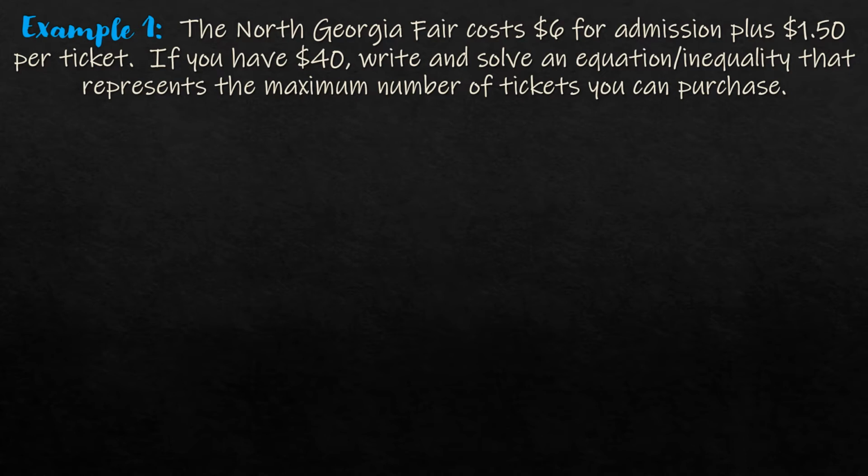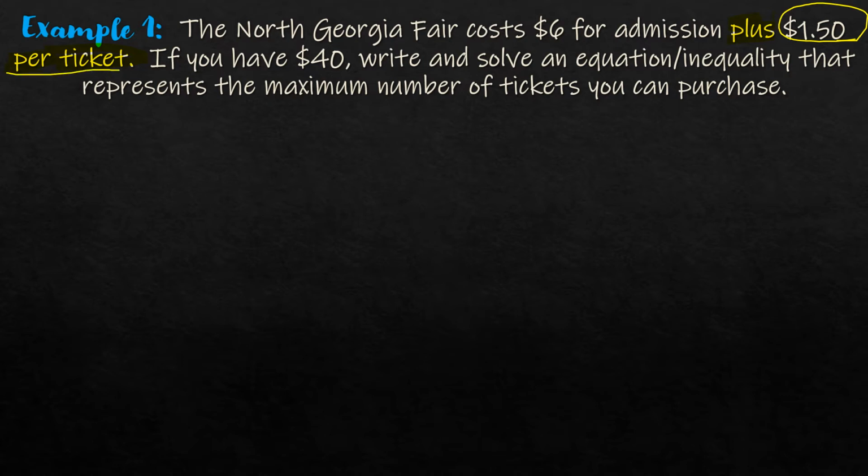Example 1, the North Georgia Fair costs $6 for admission plus $1.50 per ticket. So I'm already seeing some keywords in here. We've got plus, okay, which is going to mean that we're adding, and then per ticket. Okay, so when we see the word per, that means that this $1.50 is going to go with my variable per ticket.